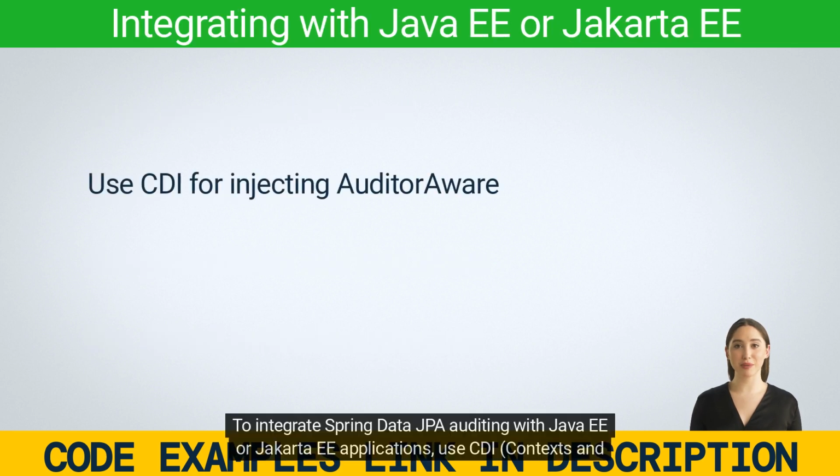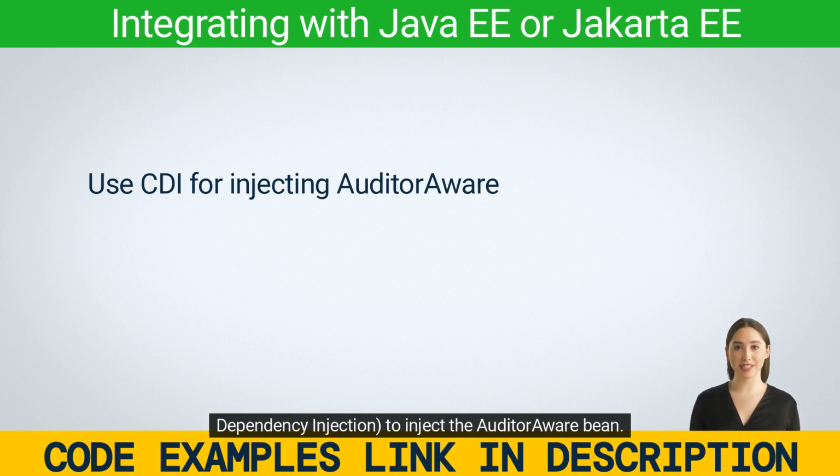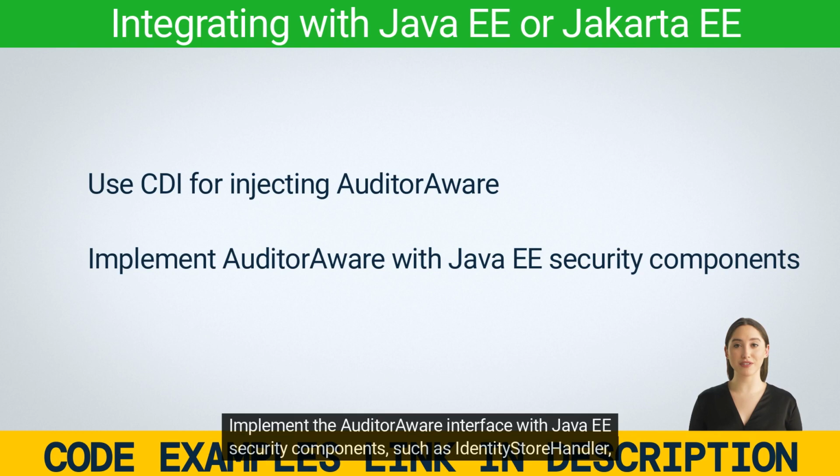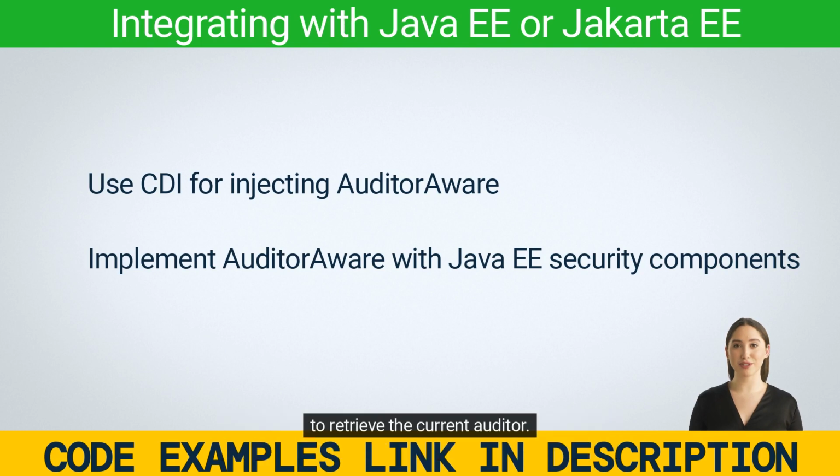To integrate Spring Data JPA auditing with Java EE or Jakarta EE applications, use CDI, context and dependency injection, to inject the auditor-aware bean. Implement the auditor-aware interface with Java EE security components, such as Identity Store Handler, to retrieve the current auditor.